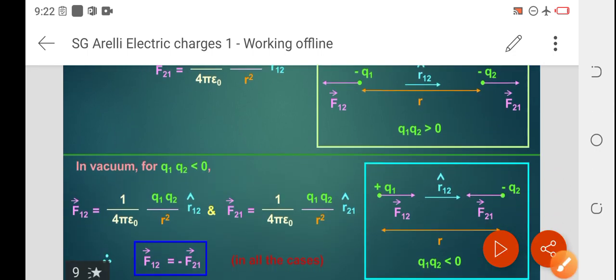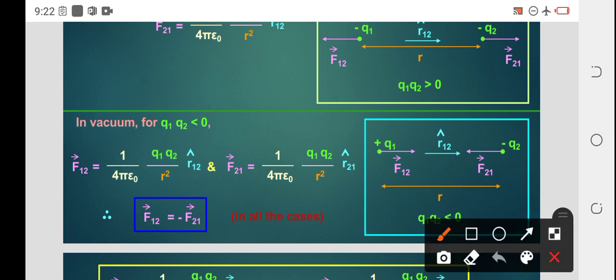Then in case 2, if the product of the two charges Q1 Q2 is less than 0, what is the value of the force? Based on the F12 concept, F12 equals 1 by 4 pi epsilon naught Q1 Q2 by R square.